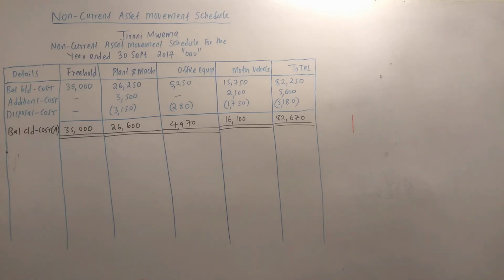So we say accumulated depreciation balance brought down.